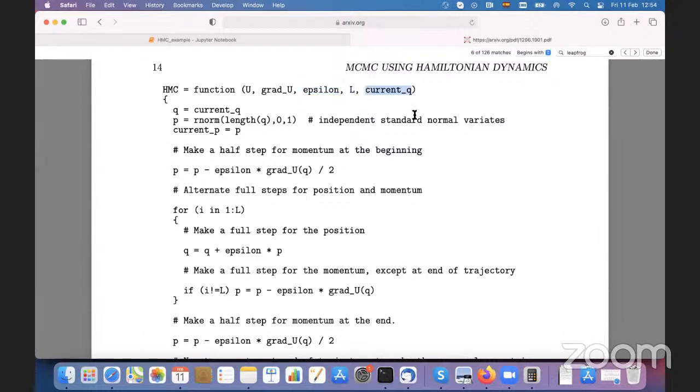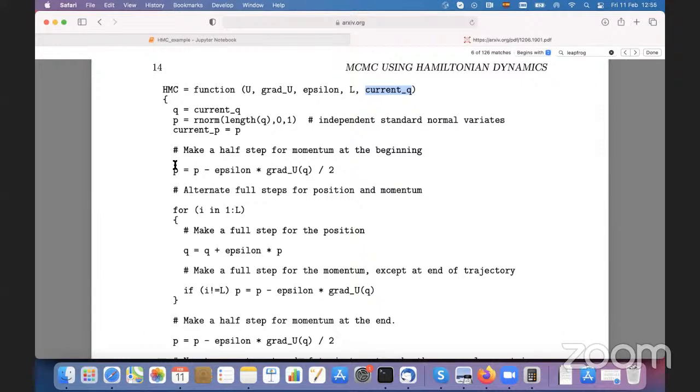Starting from Q0, it will give you Q star if it is accepted, and if it is not accepted, it will give you Q0. So it goes back to the same point if it is rejected.